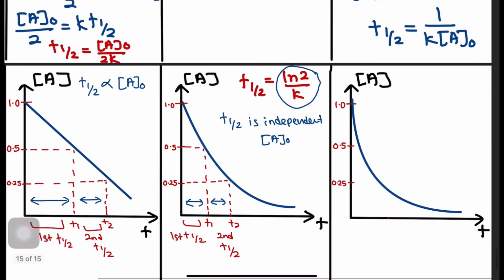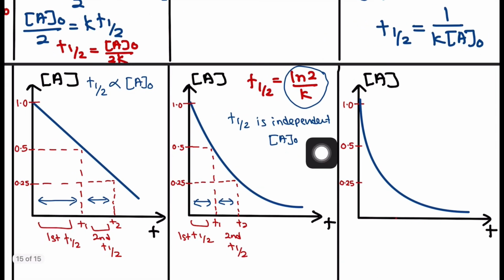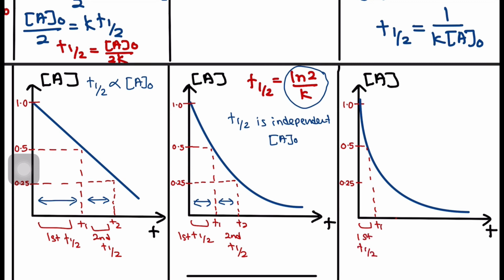Finally, to the second order reaction. Again, I'm using an initial concentration of 1. Reduction of 1 to 0.5 would give us the first half-life, and from 0.5 to 0.25 would give us the second half-life.